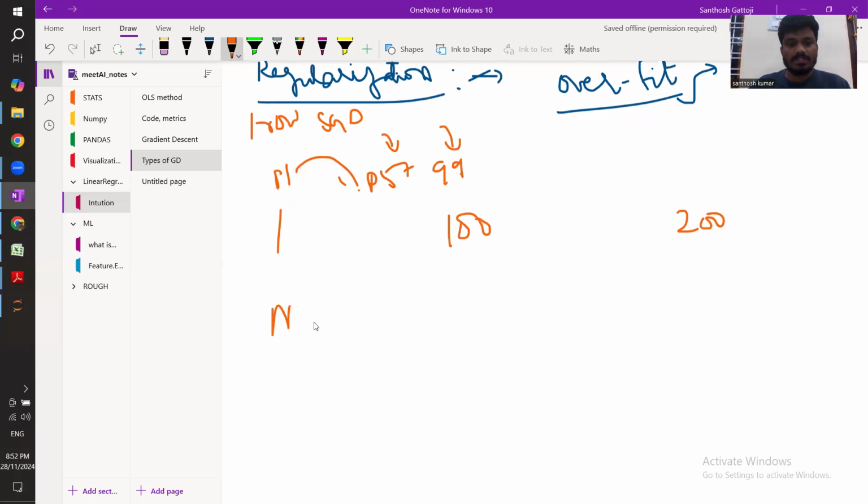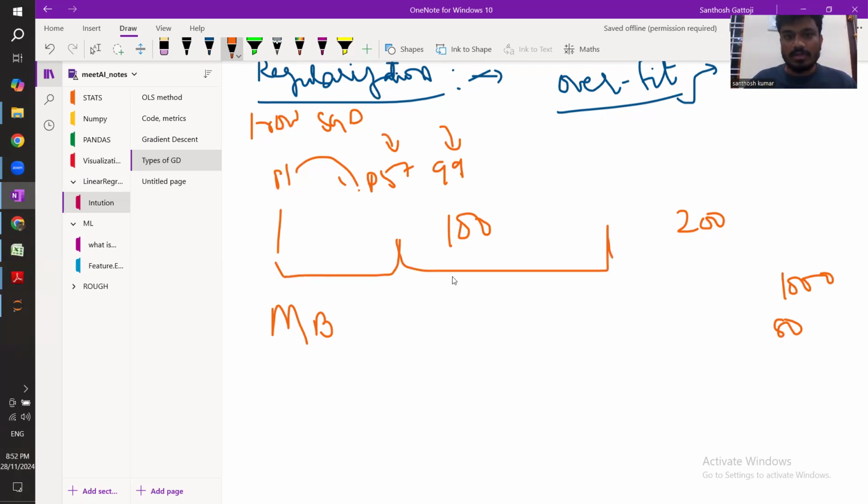But in mini batch, say you have 1,000 records and the batch size is 80. So 1 to 80 will be one batch, 80 to 160 will be the next, 160 to 240 the next. Obviously this set is different from that set.